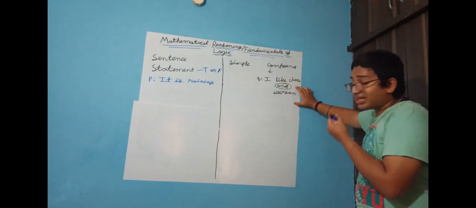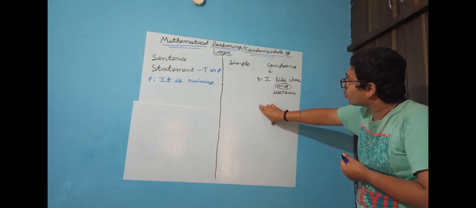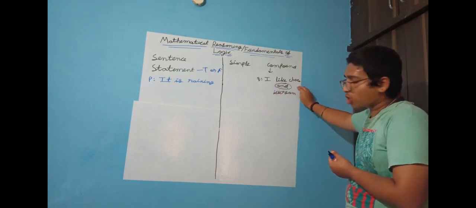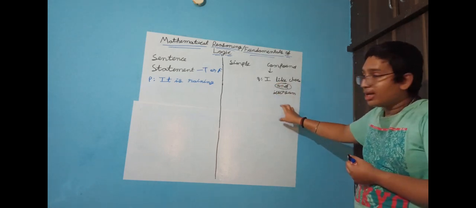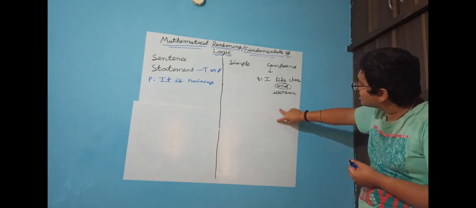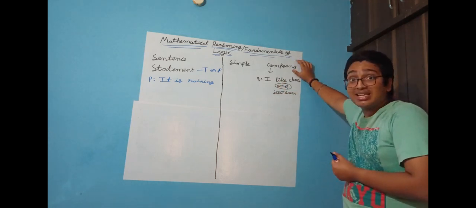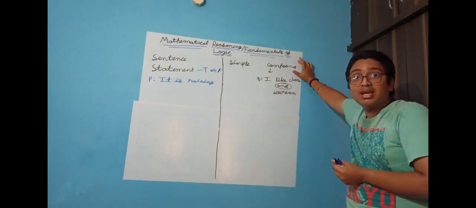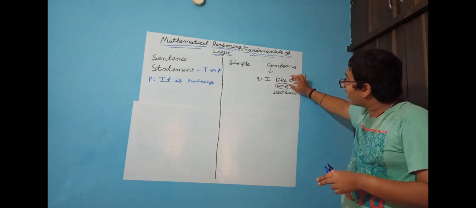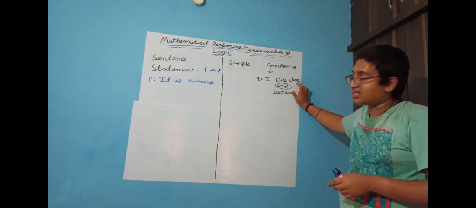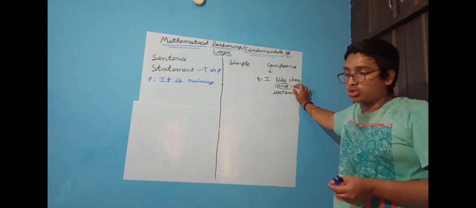It is a compound sentence. Why? From this we can derive two sentences: I like chocolate, I like ice cream. Instead of writing two sentences, we are simplifying it into one sentence. That is the reason this is known as a compound sentence. And it can be simplified using connectives like this, and or we can use all of those.